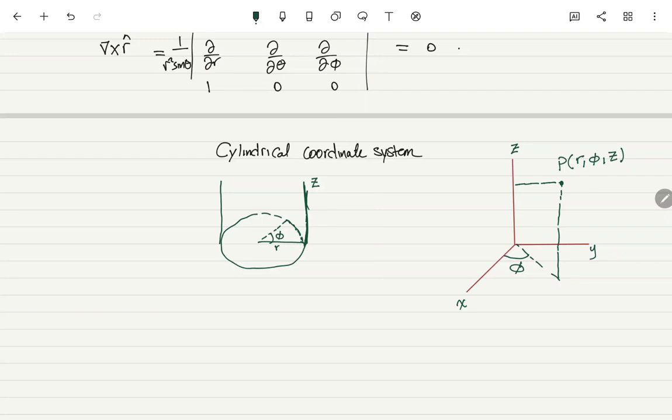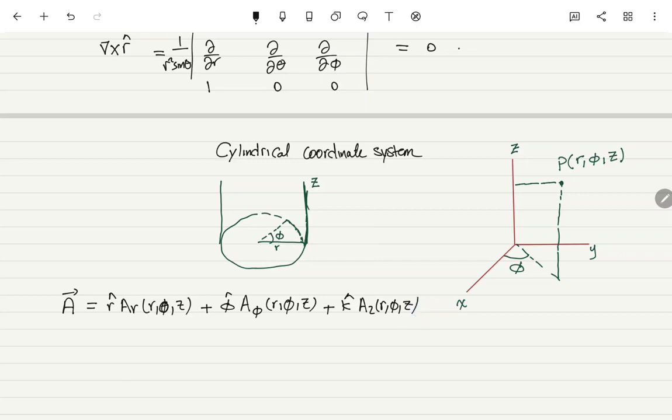Now the vector in cylindrical coordinates is defined as A equal to r hat A r of r, phi, z, plus phi hat A phi of r, phi, z, plus k hat, same as Cartesian coordinates, A z of r, phi, z.